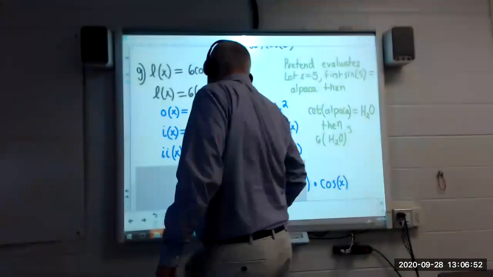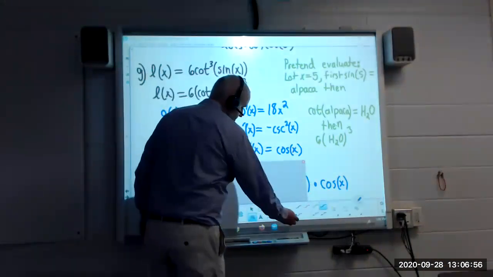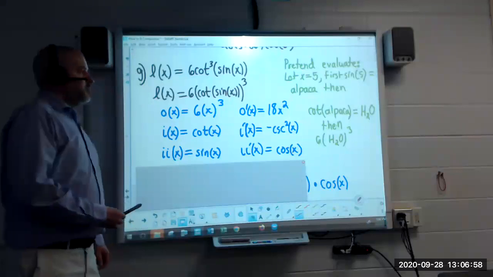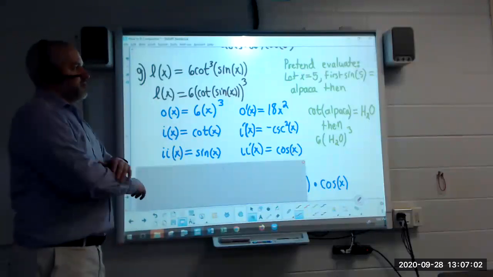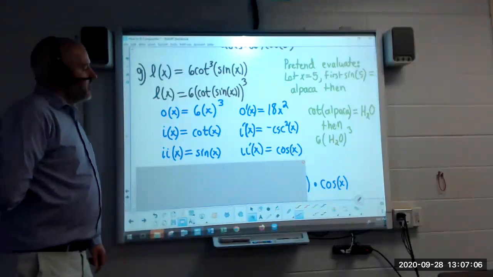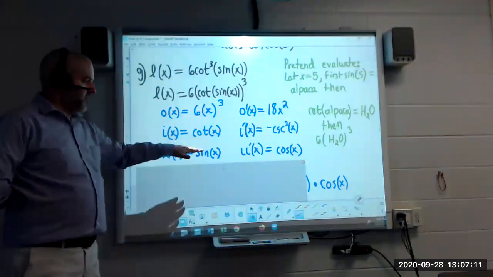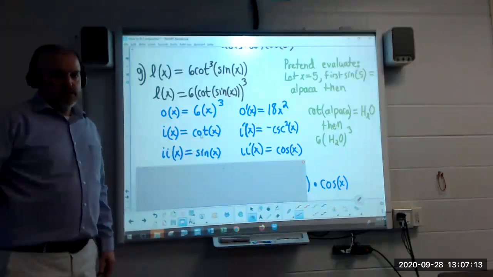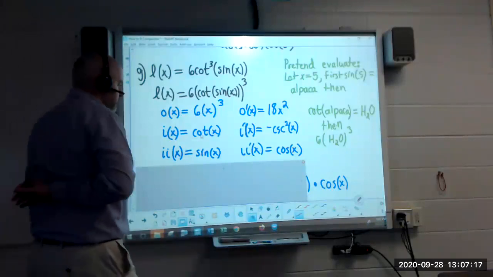Now, it's exceptionally hard to put all this back together. So let's practice doing that. So to repeat, we determined that there were multiple levels to the chain rule by doing pretend evaluation. You don't have to do pretend evaluation, but I like it. And we determined that we have this level and this level and this level. So we've got to put all these back together. So what are we looking at?